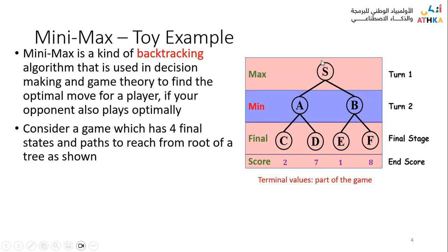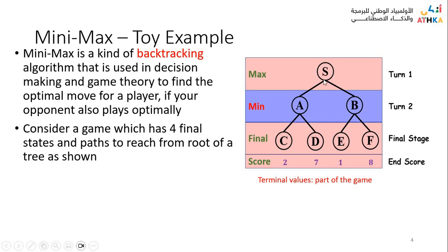So if you are at S and you want to go to the maximum utility and you select 8 to be your maximum utility, notice when you go from S, you do the selection B, then the opponent will have the choice of selecting E or F. Now the opponent doesn't want you to get the maximum utility, it actually wants you to get the minimum utility that you can, and it's going to divert you from B to E, and you will get a utility of 1. Okay, and utility of 1 is the worst utility, as you can see from all the choices that you have.